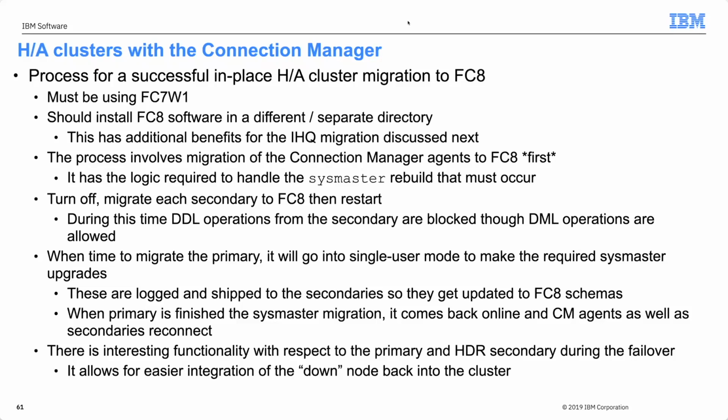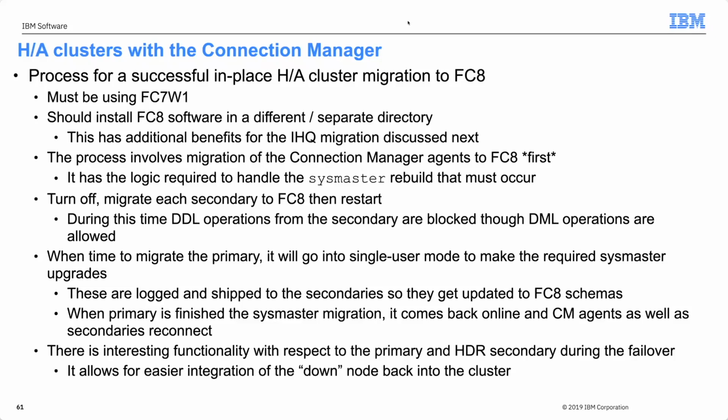So it doesn't assume that there's a primary failure and attempt to move your primary to one of your partially upgraded secondaries. And that's kind of important to understand. You may be turning the secondary back on, but it's not fully on FC8 at that moment in time. So what we recommend is that you install FC8 in a different directory than FC7, and this will be important for the IHQ migration process as well, which we'll talk about.